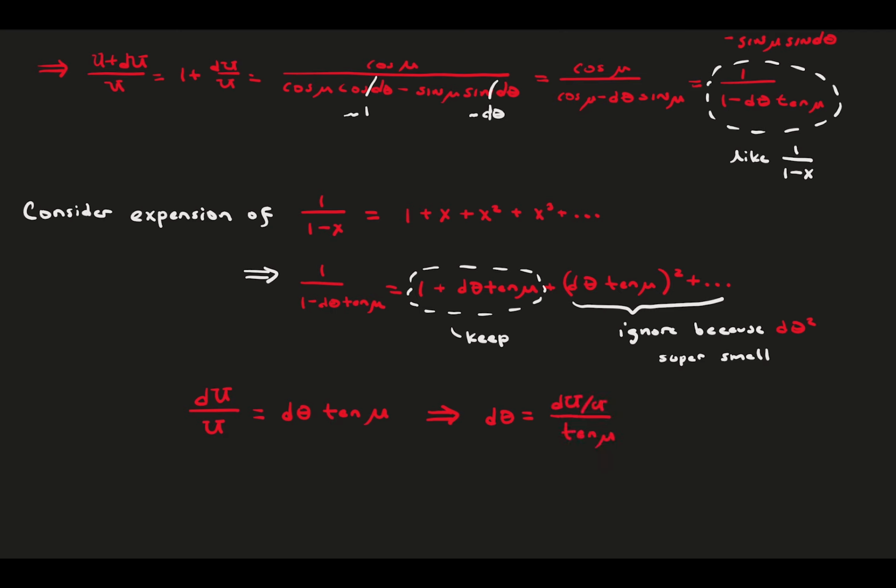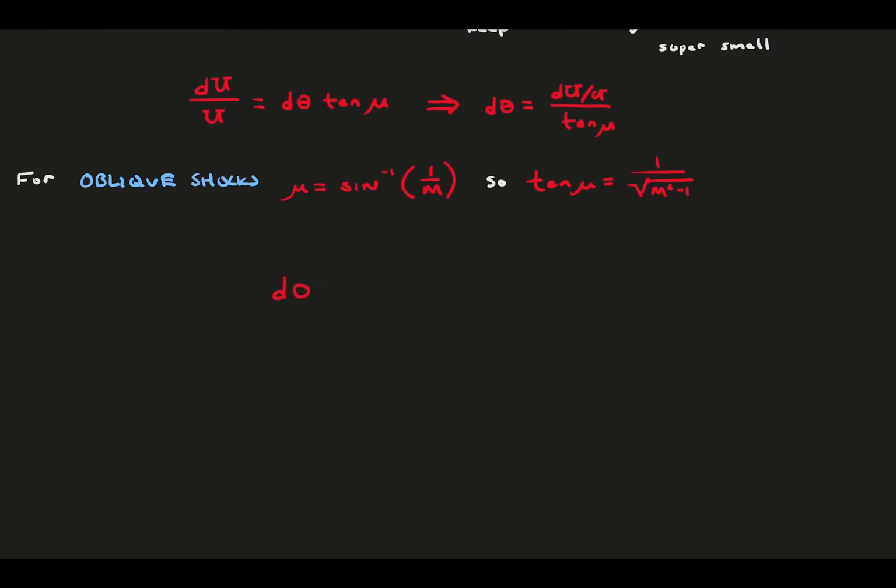And lastly, we can apply our definition for the Mach angle mu that we had from above. Solving this out and simplifying for d theta gives us the following expression that describes the small change in deflection angle as a function of the incoming Mach number and small change in velocity.